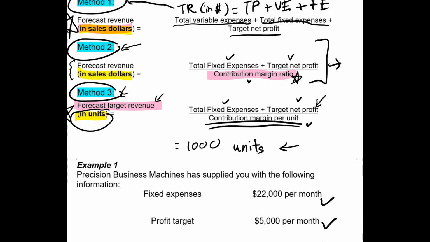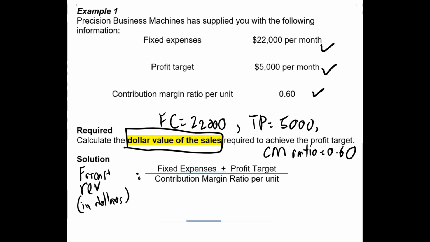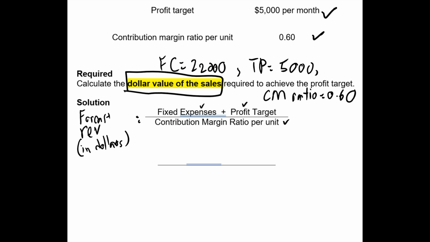So total fixed expense plus target net profit, divided by contribution margin ratio. You will get 22,000 plus your target profit 5,000, divided by your contribution margin ratio 0.6.